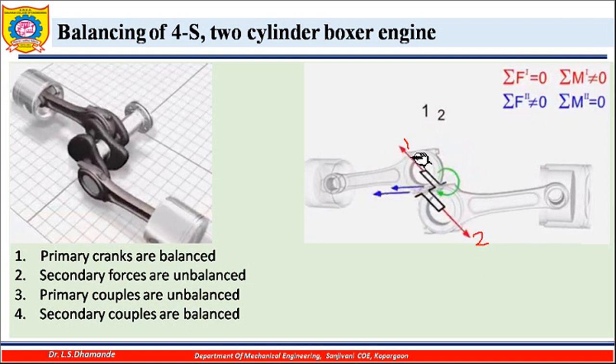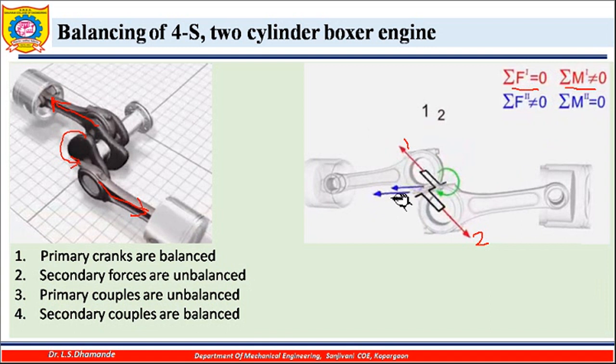Because of this, the primary forces will get balanced. Now, because one force is acting upward like this and another force is acting in the downward direction like this, the couple due to this becomes an anti-clockwise couple, and that is unbalanced. So the forces will get balanced but the couple will be unbalanced.